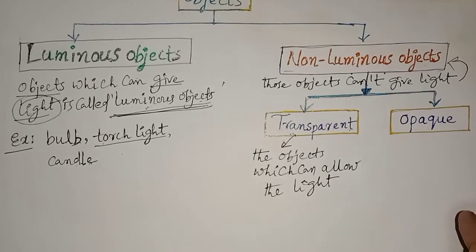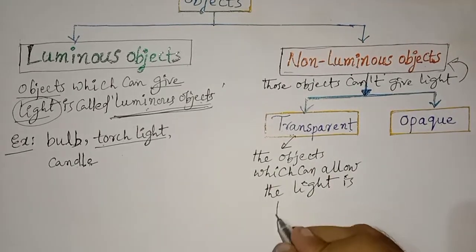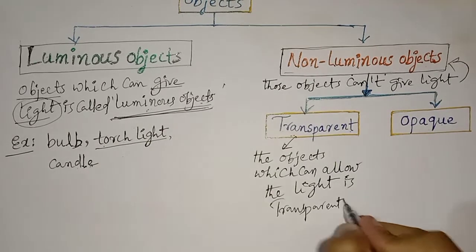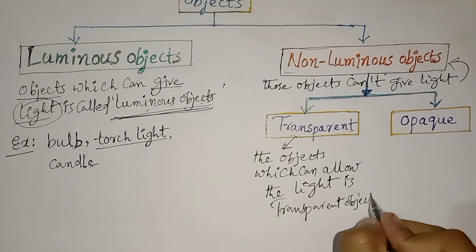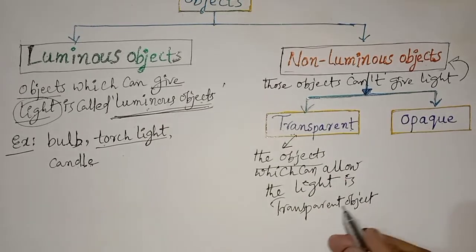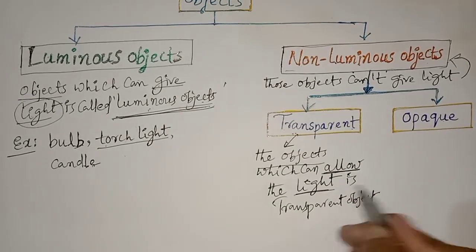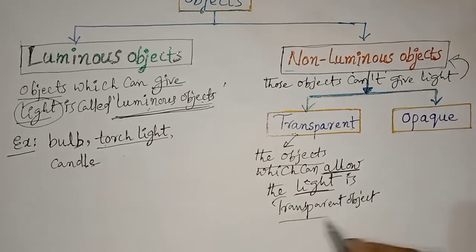What is a transparent object here? A transparent object is nothing but the object which can allow the light.